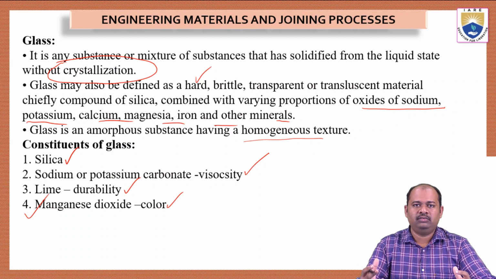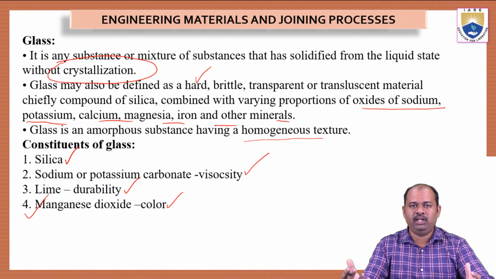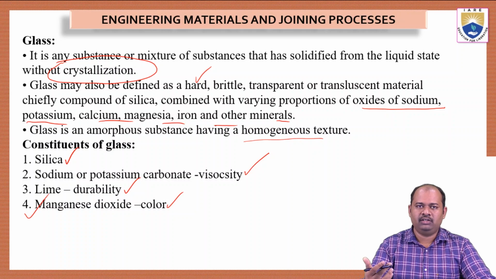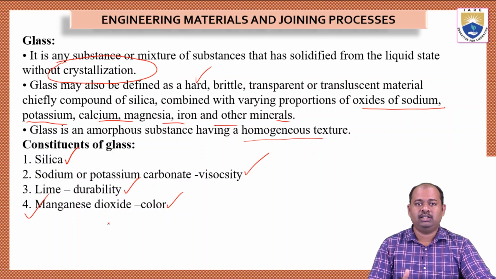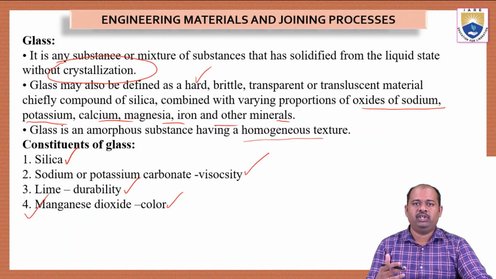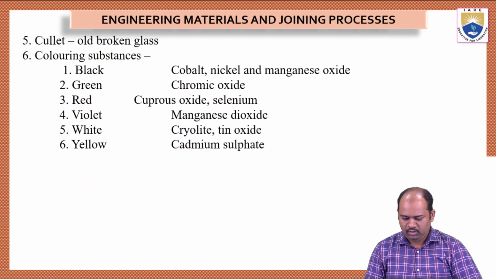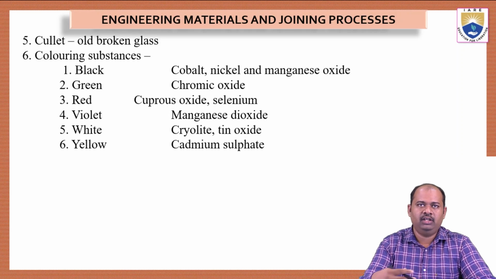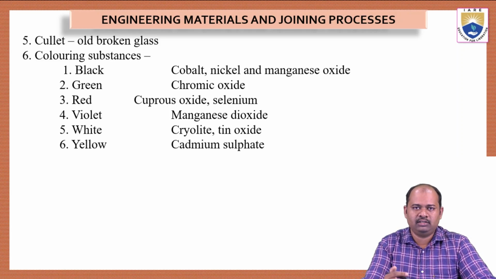We cannot always have transparent glasses; sometimes we need colorful glasses, like tinted glasses. Depending on the requirement, we add manganese dioxide and some other minerals to give colors. Now let us see which elements are added to give different colors.